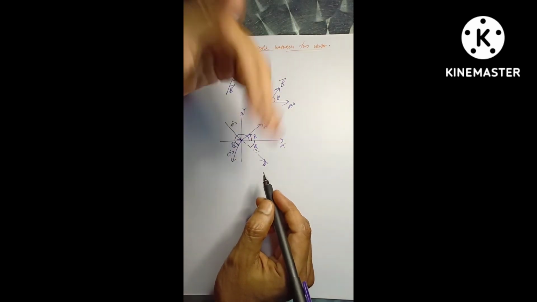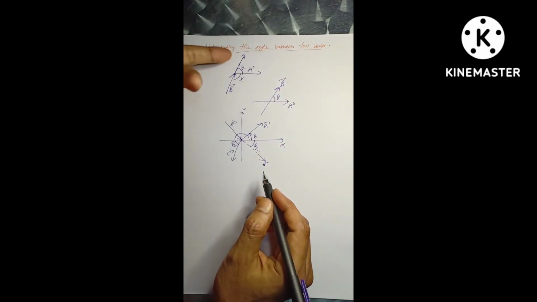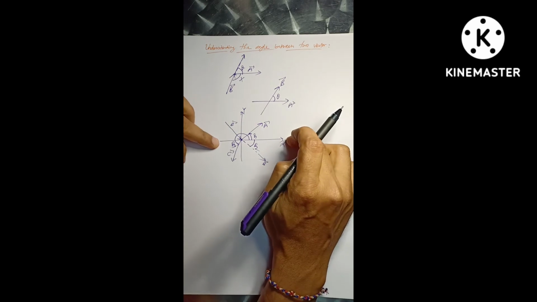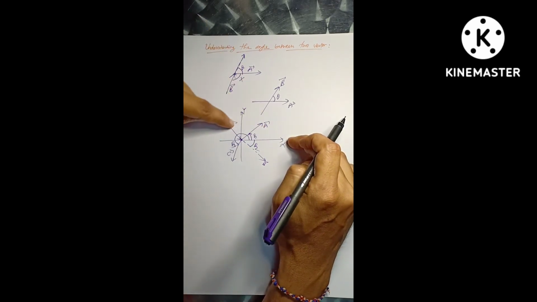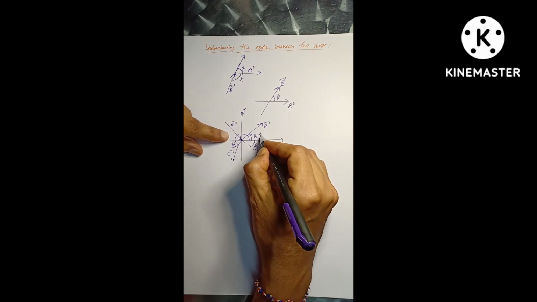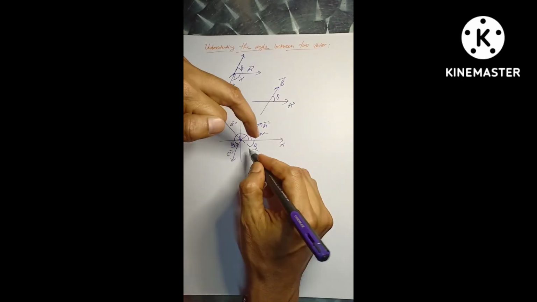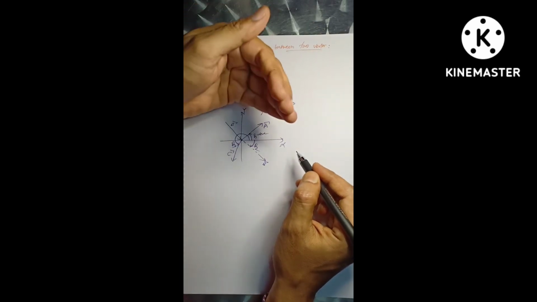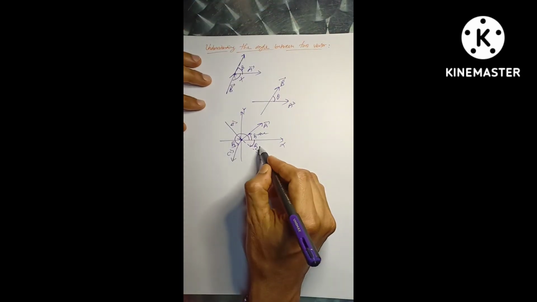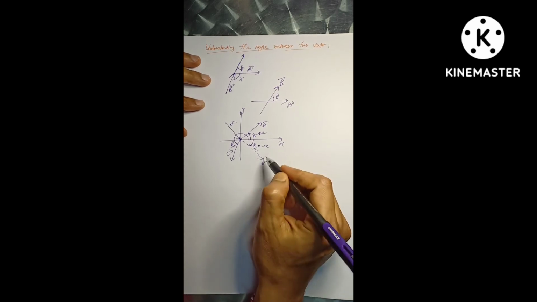Always, angle is positive in the anti-clockwise direction with respect to the x-axis. So when we measure an angle in the anti-clockwise direction, it will be a positive angle. And whenever you measure an angle in the negative direction, suppose this theta 2, it will be a negative angle.